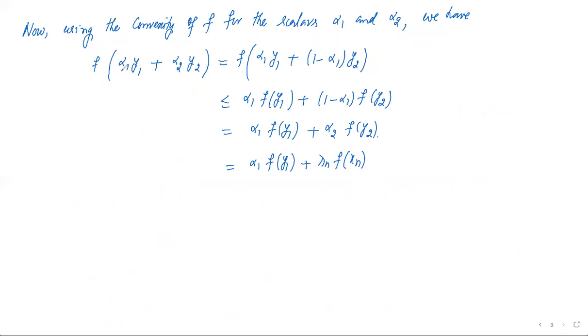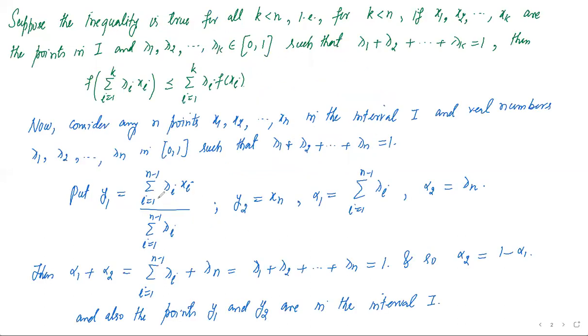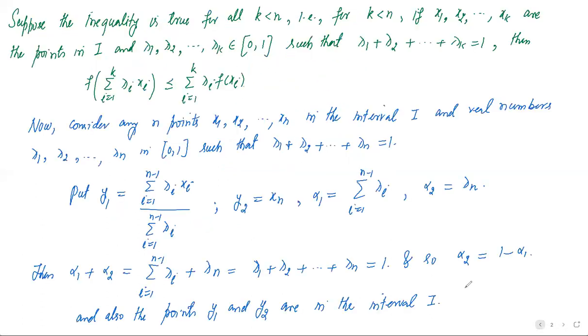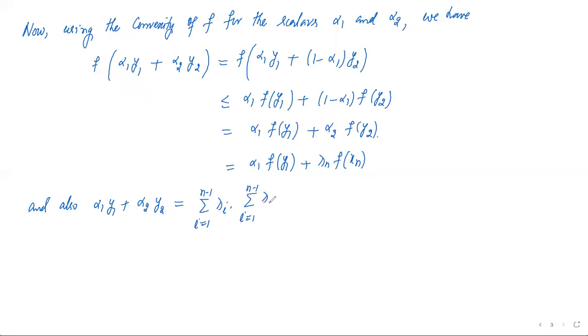Now, on the left-hand side, alpha 1 y1 plus alpha 2 y2: as we have put alpha 1 equal to the summation, i running from 1 to n minus 1, lambda i, and y1 has this value, the summation, i running from 1 to n minus 1, lambda i xi, divided by the summation, i running from 1 to n minus 1, lambda i.